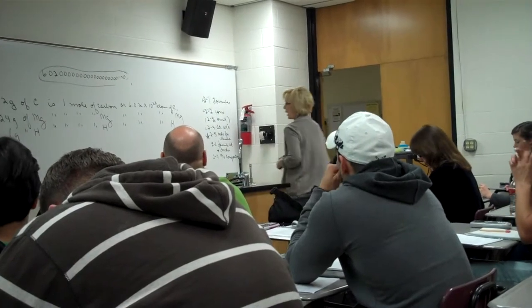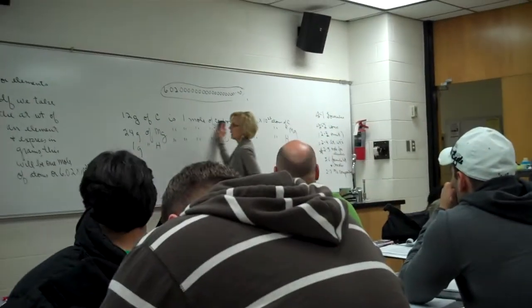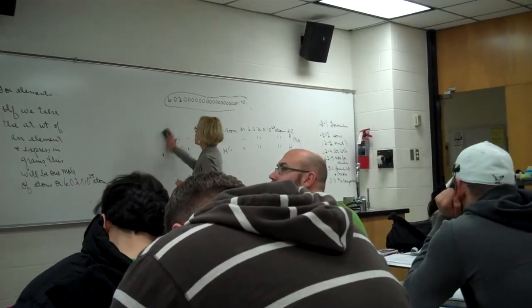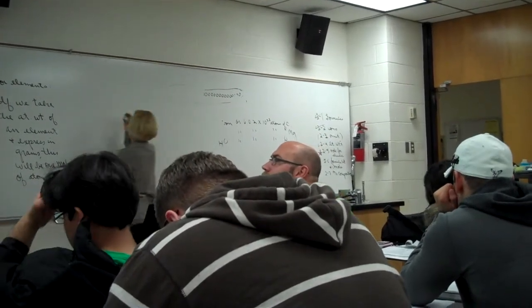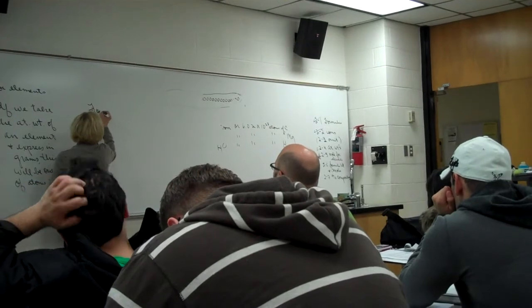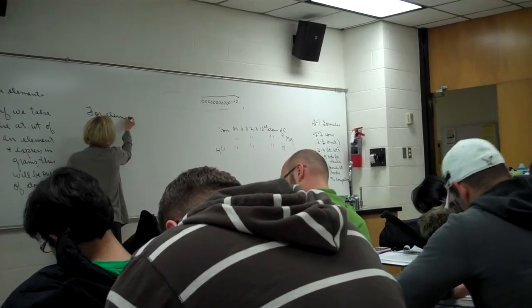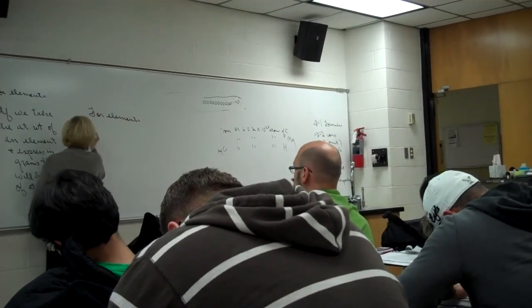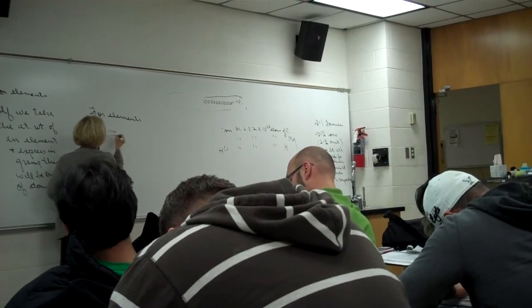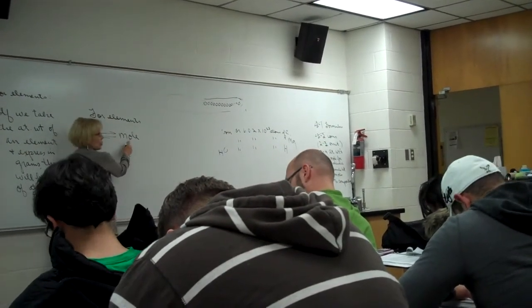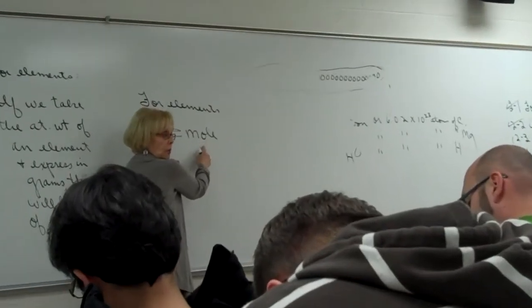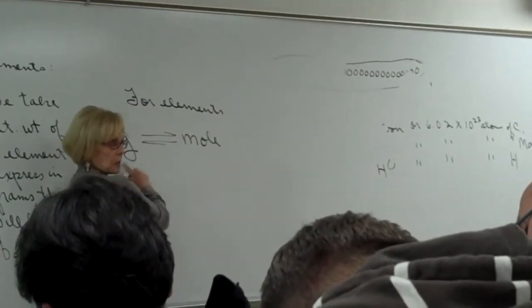Let me give you a diagram, which will always work for you for elements. You have grams, and you want to go to moles. Or you have moles, and you want to go back to grams.